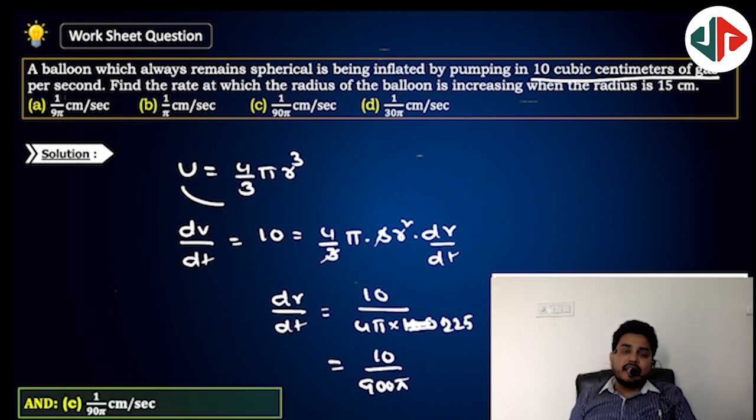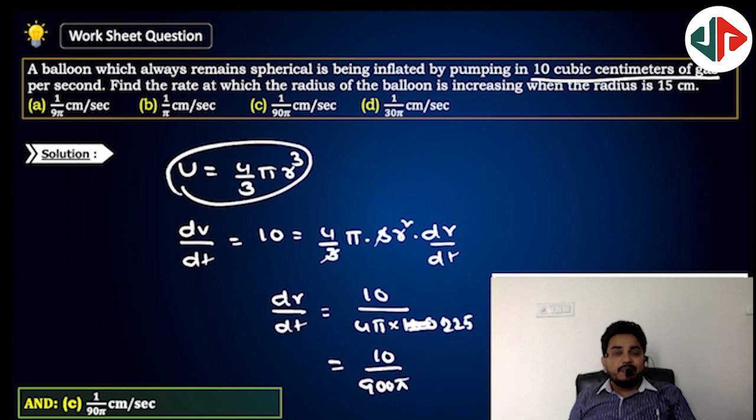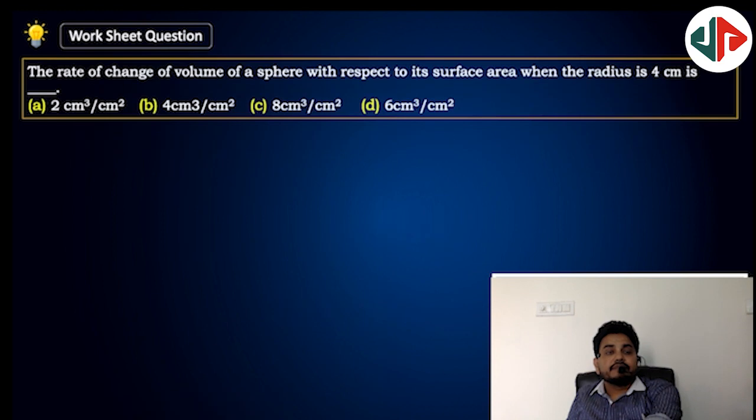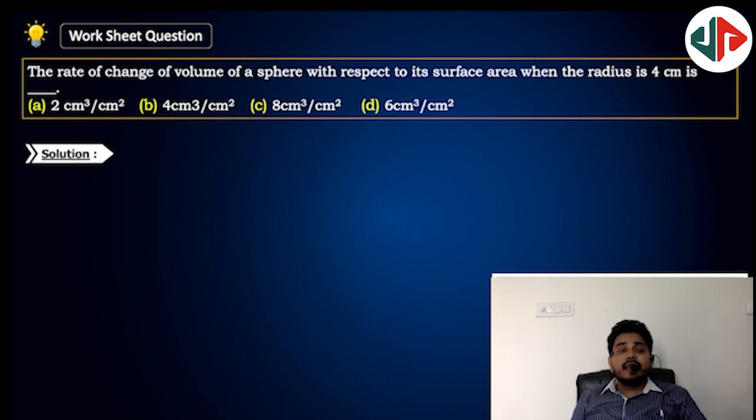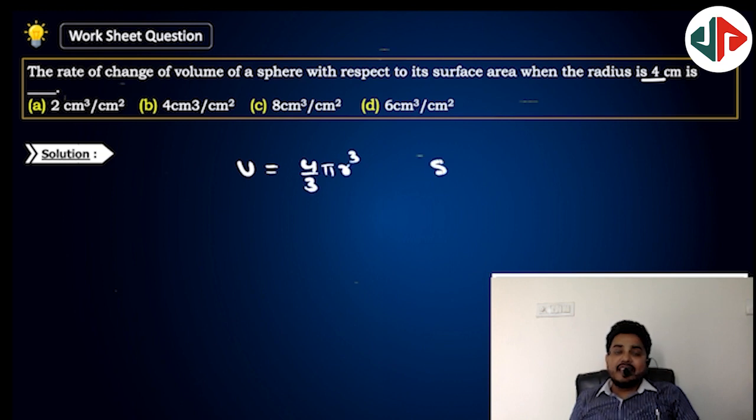The required thing is the volume of the sphere for this question. Find the rate at which the volume of the sphere changes with respect to its surface area when the radius is 4 centimeters. So V is equal to 4/3 pi r cubed, and S is equal to 4 pi r squared.